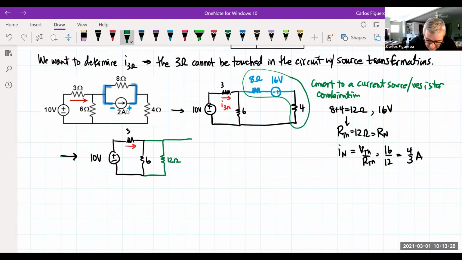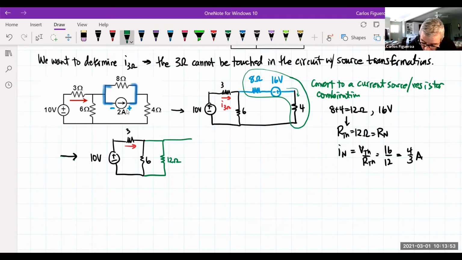What about my current source here? Look at the direction of my current source. If I look at that current, which direction should it be going? Well, I'm assuming that the current is coming in this direction right here, because that's the direction of the current that was coming out here. That's my guess, so I've got to keep assuming this.